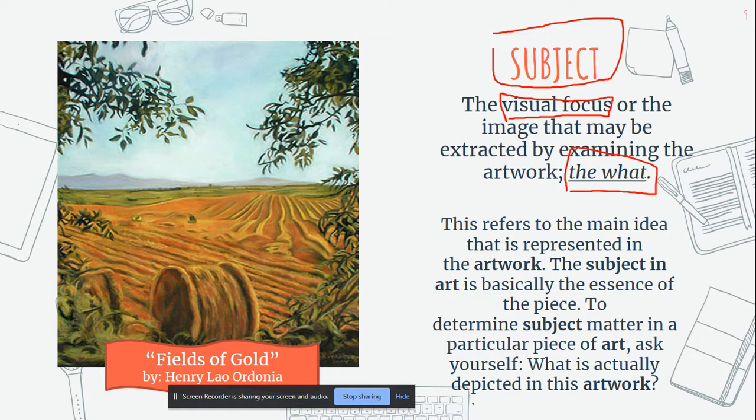Now, we are about to dig deeper on its visual focus.